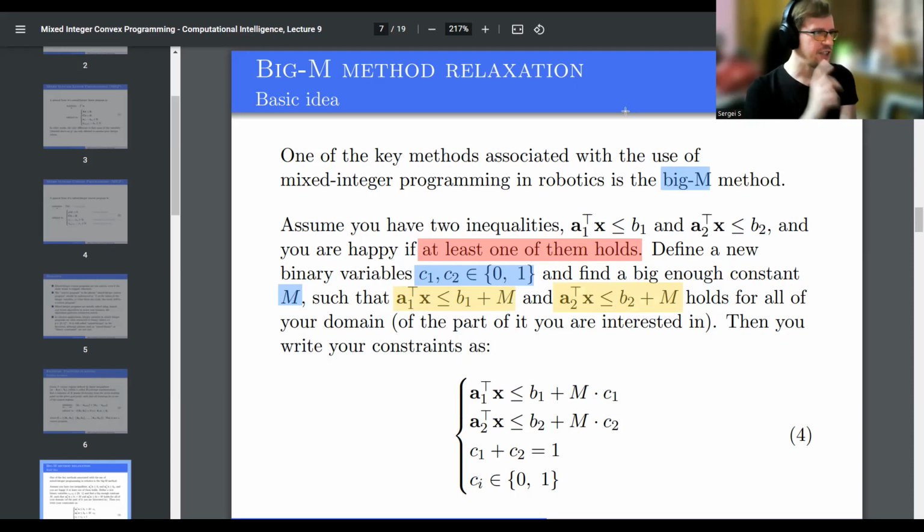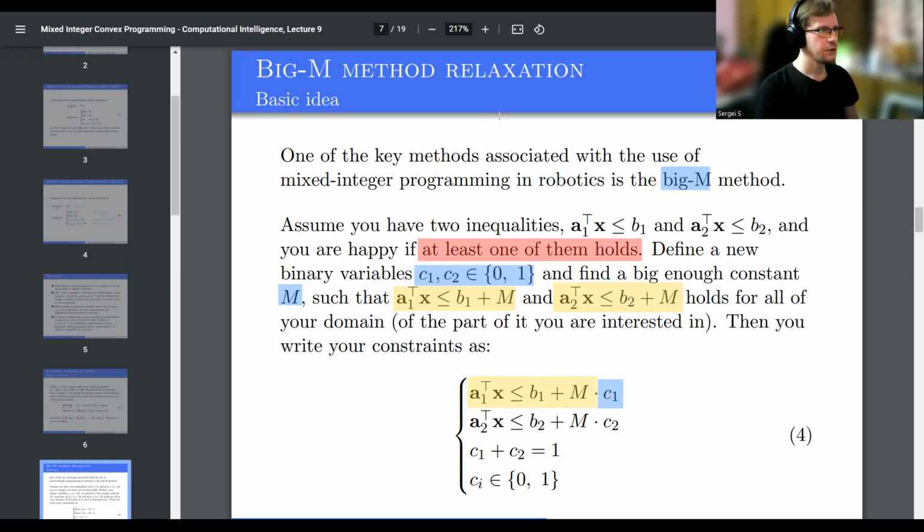Then, if we did it this way, we could rewrite our problem in the following fashion. We say, okay, let us have a1x less than or equal to b1 plus M times c1. And same for the second constraint, a2x less than or equal to b2 plus M times c2. C can be 0 or 1.